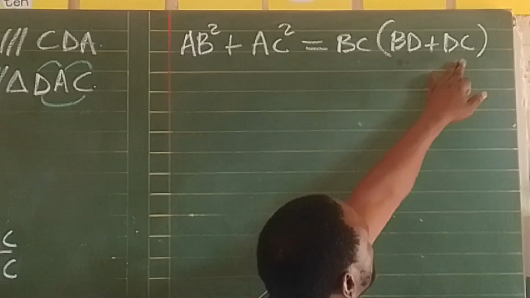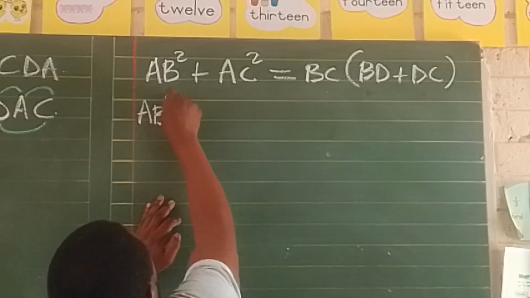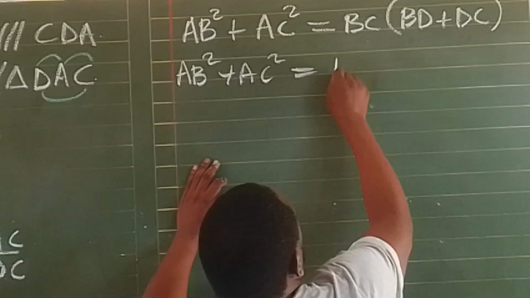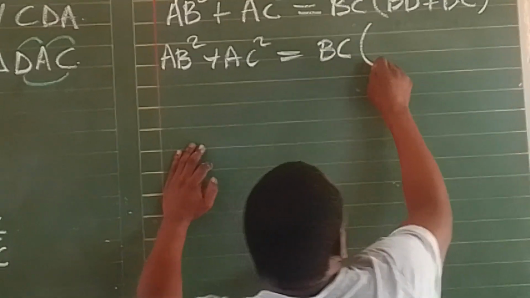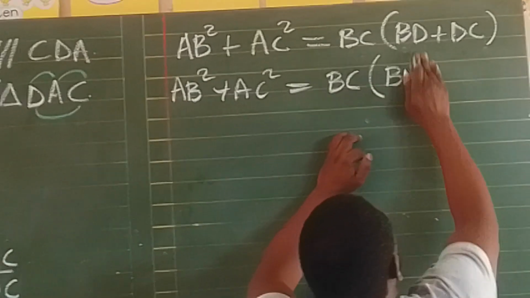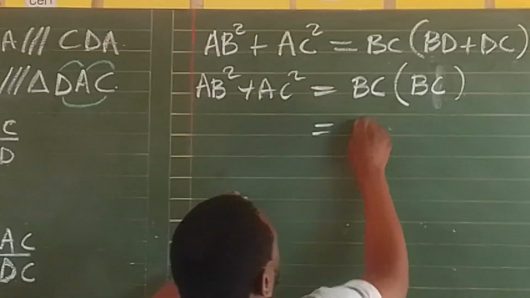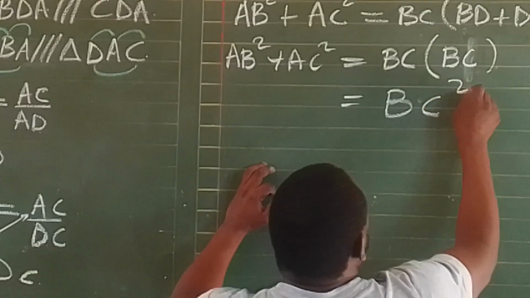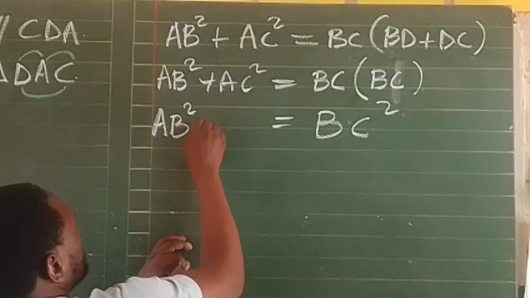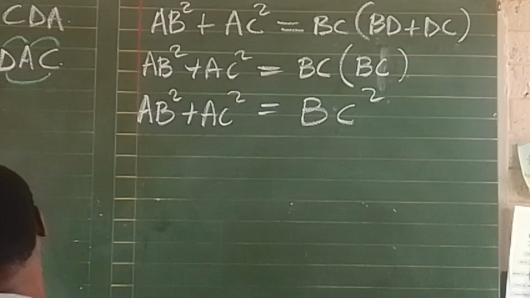But we said BD plus DC is BC, so we can say AB squared plus AC squared is equals to BC times BC. Therefore, BC times BC is BC squared. So AB squared plus AC squared equals to BC squared.